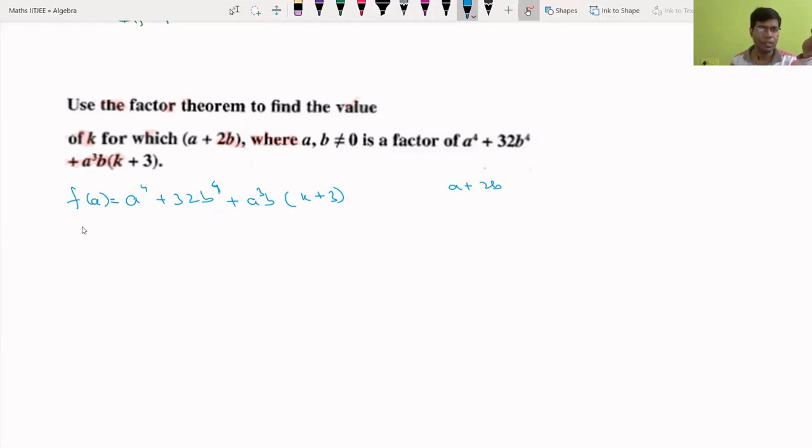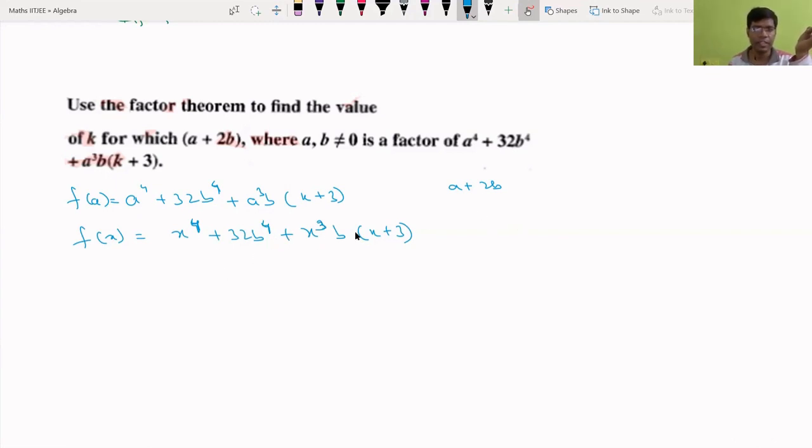So instead of a, if I write it as f of x, this will give me x power 4 plus 32b power 4, and as it is I'm writing x cube b times k plus 3. So I have basically written the same expression in terms of x.